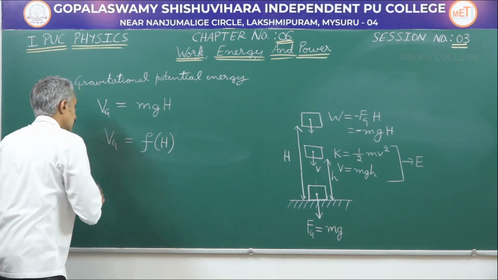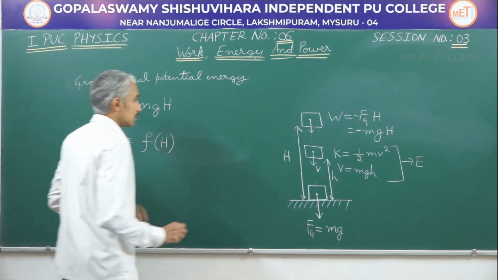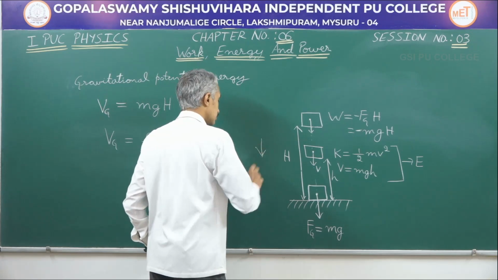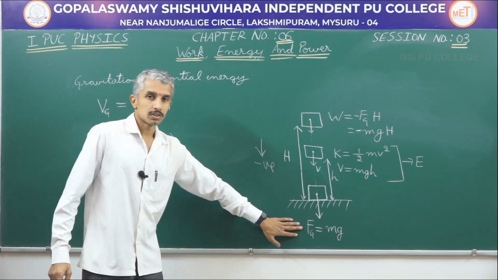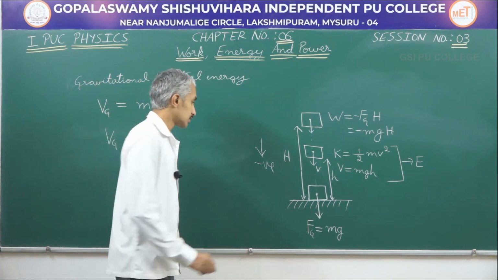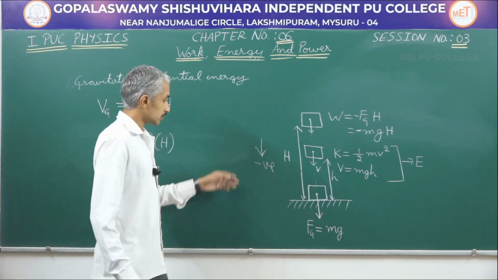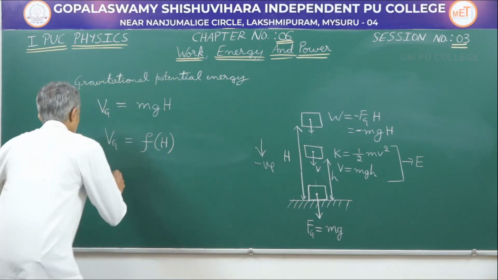Finally, if I consider the downward direction as negative, the force acting on the object is always towards the ground surface, which is downwards, and it is negative.